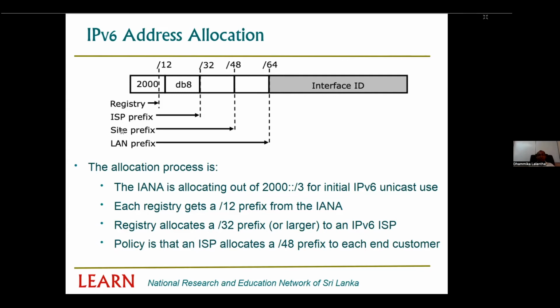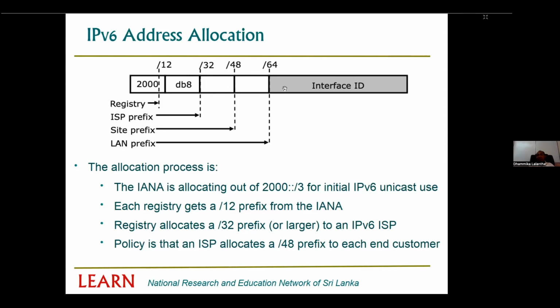The standard is that a particular campus or organization should allocate subnets for LANs with a 64-bit prefix length. It is not recommended to allocate a subnet with a prefix length more than 64.